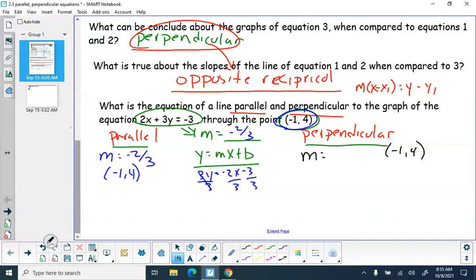Once again, you can have the form of the equation y equals mx plus b or ax plus by is equal to c. It does not matter. Just if you're going ax plus by equals c, make sure there's no fractions in there. Get rid of your fractions.